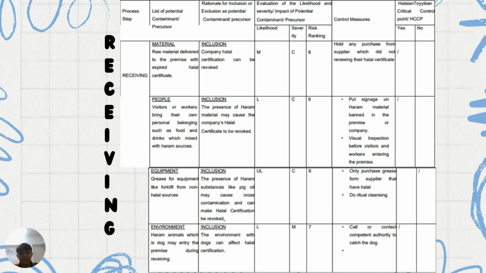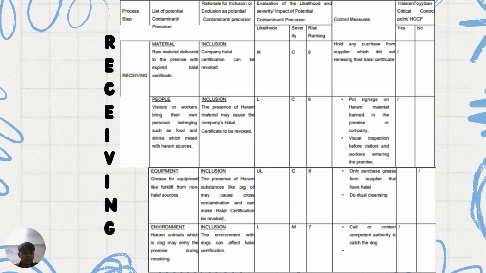The control measure that I make is only purchase goods from supplier that have halal certification and do ritual cleansing, which is SIR 2. The halal and toiban critical control point is a no because it is unlikely to happen.